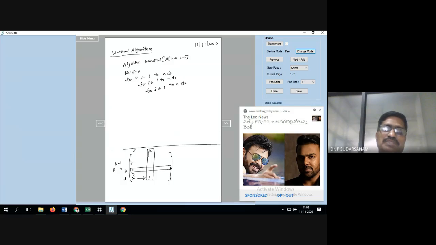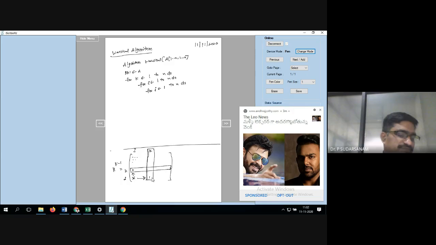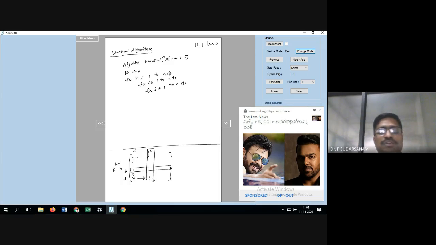I have written with respect to k, i, and j. I have not mentioned any rows here. Okay, sir. Fine. This is nothing but R of k comma j and R of i comma k. Correct? Yes, sir. i to k, k to j. So if you multiply that, you will get 1. Now tell me the locations once again.